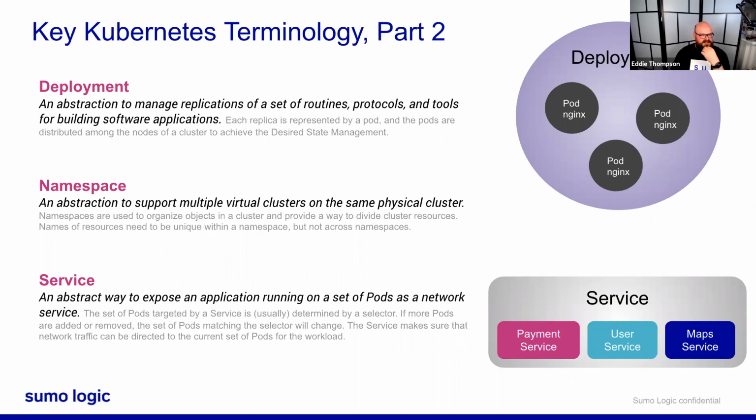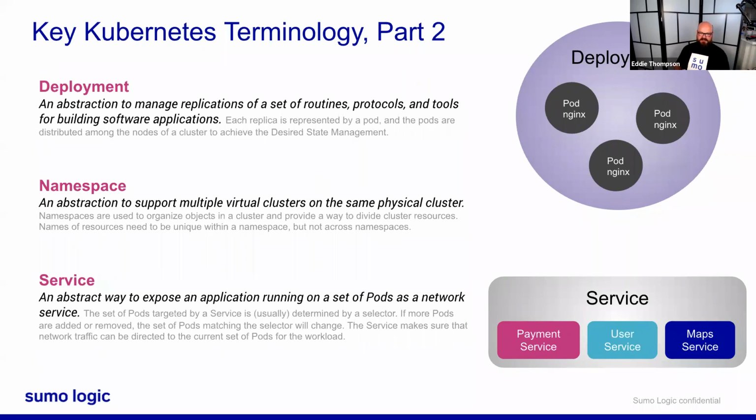Now, service is a really important part of Kubernetes and ephemeral deployments in general, because this is what you actually present from your software to the world. This is what enables you to interact with those underlying pods.